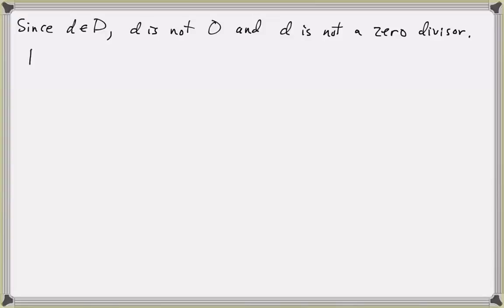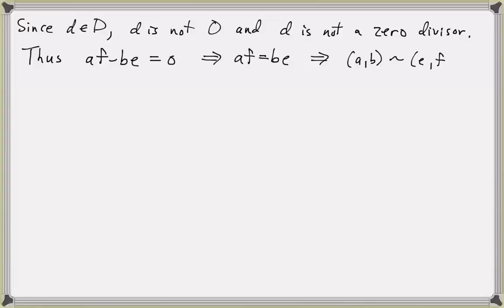So from this last equation, we must conclude that AF minus BE equals 0, since D times this expression was equal to 0. But this is the same as saying that AF equals BE, and therefore AB is related to EF. So we see that this relation is an equivalence relation.